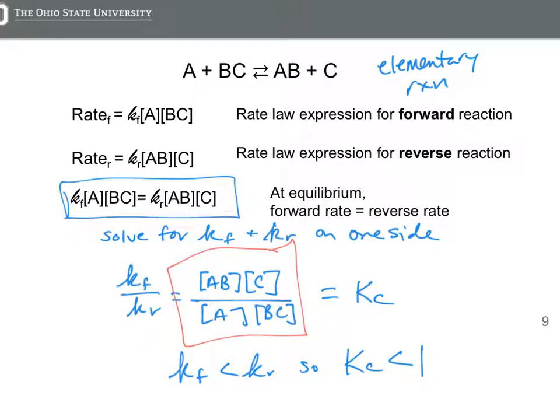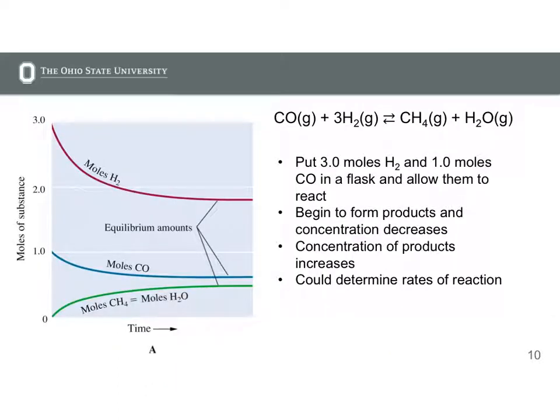Everyone see that? All right. That's going to be important because it's going to tell us, as we'll see, if our reaction is reactant favored or product favored. We'll get to that in a little bit, but that is a calculation that's important, an estimation that's important.